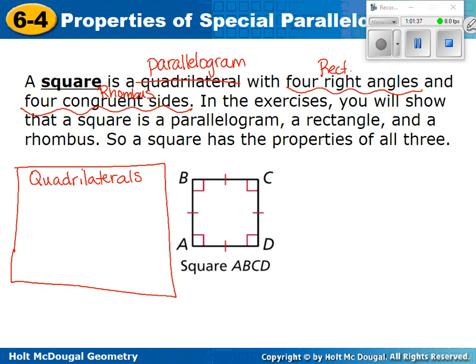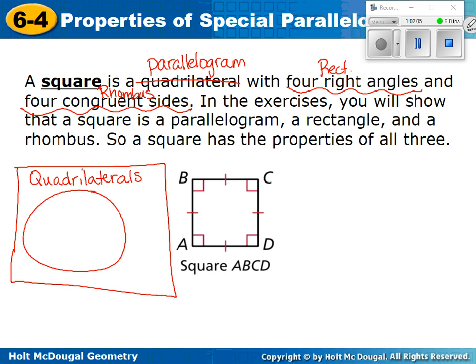We've talked about polygons, which was the big topic, but now we focused on just some quadrilaterals. Inside our quadrilaterals, we have learned 4 types of quadrilaterals. We've got the parallelogram, the rectangle, the rhombus, and the square, right? So inside our quadrilateral box, we're going to put a big circle. Leave a little space in your box over here because we're going to come back and fill some stuff in that we haven't learned yet.